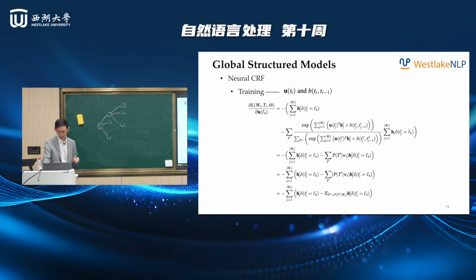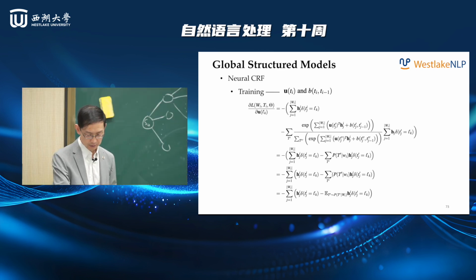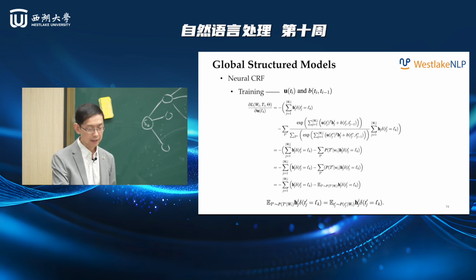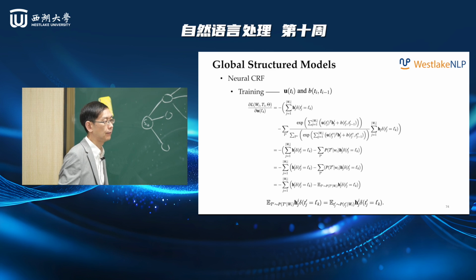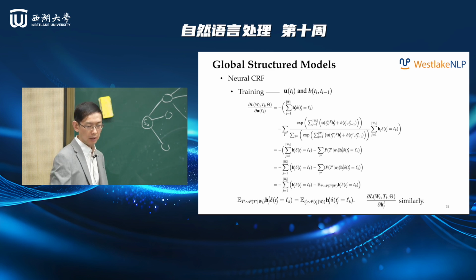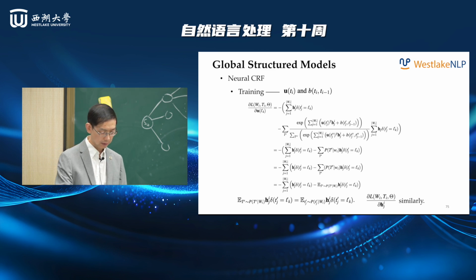As you can see, the gradient is H, the feature vector, minus the expectation over all possible tag sequences of the feature vector over that tag sequence, okay? And the second expectation can also be computed over the local structure, right, which is computationally feasible. I don't have time to go into the details of this computation, but it turns out it's very similar to CRF training. And the gradient over B can be calculated similarly.